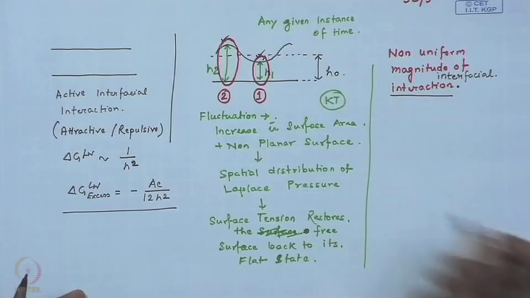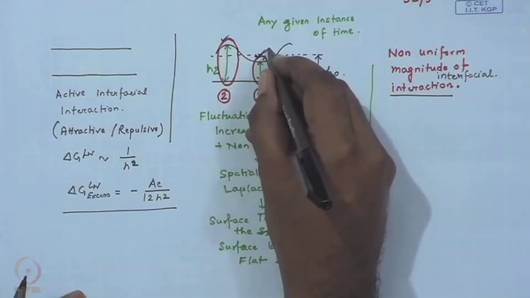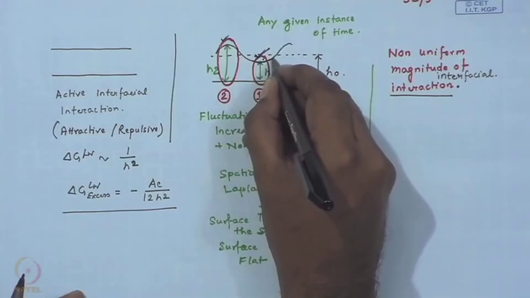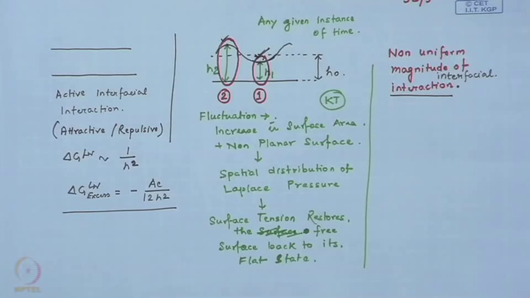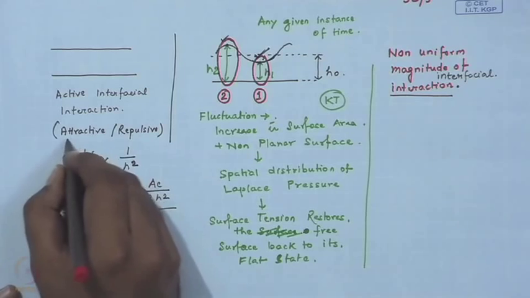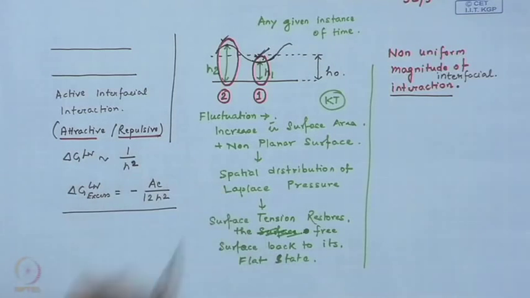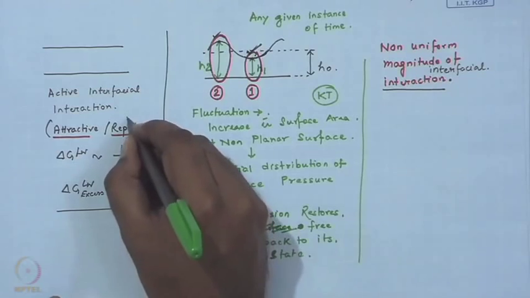So, what happens is that the magnitude of interfacial interaction over here and the magnitude of interfacial interaction over here is different. Now, we need to understand that the interfacial interaction can be of two types. It can be either repulsive or attractive. So, let us first talk about the situation where the interfacial interaction is repulsive.